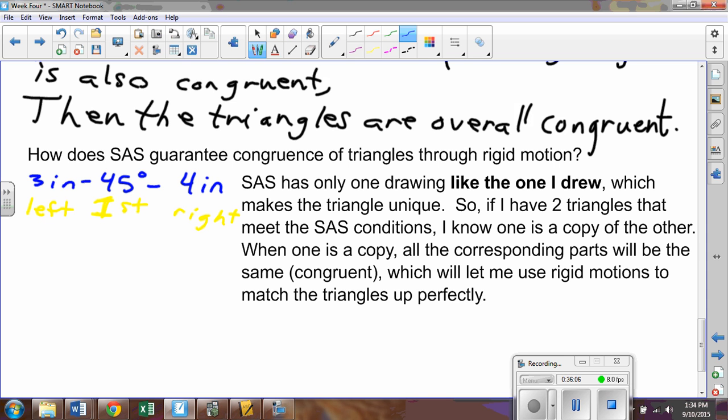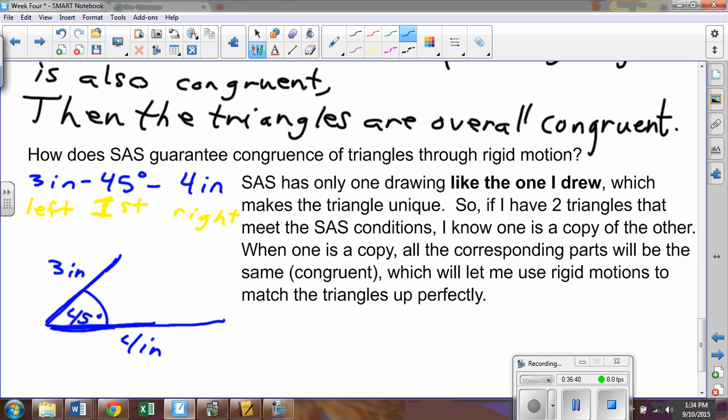We're just going to do a quick sketch. And since you're allowed to do sketches with yours also, that's fine. Here's a 45-degree angle. On the left-hand side, we need to connect something that's 3 inches long. So here's 3 inches. On the right-hand side, we have to connect something that's 4 inches long, which is there.